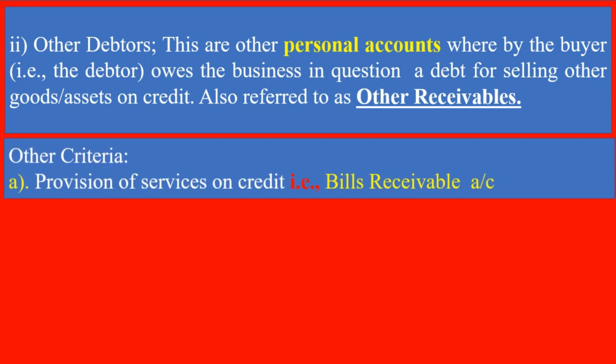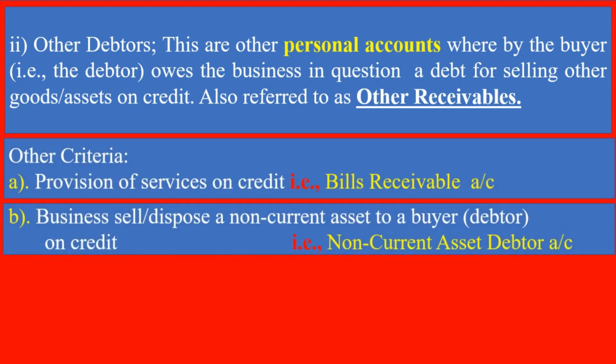Now, the following sub-criteria have been used to classify these personal accounts. Number A, provision of services on credit. If you consider a case whereby an organization is providing services on credit, what arises from this kind of transaction is what we call bills receivable account.